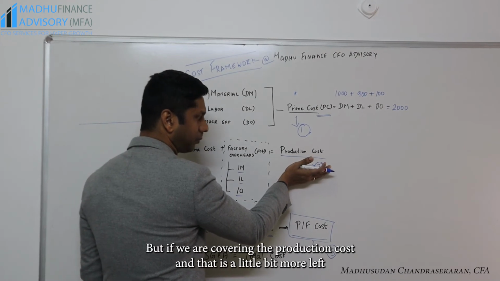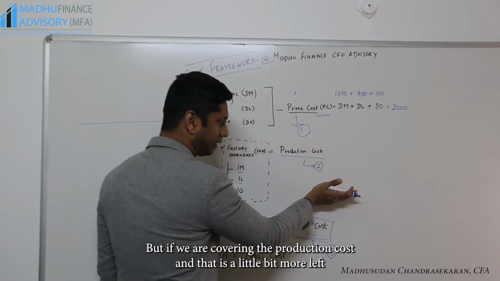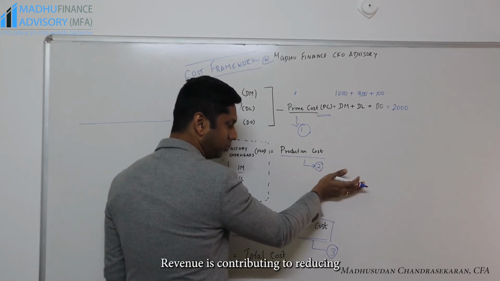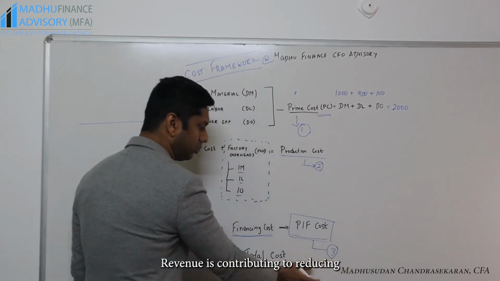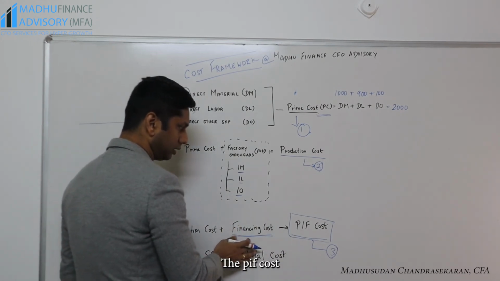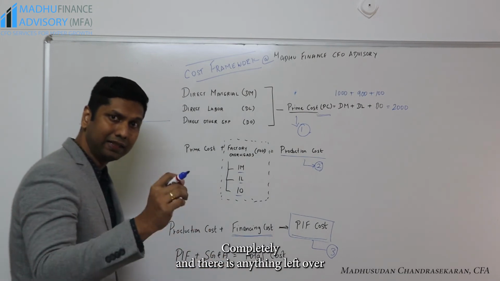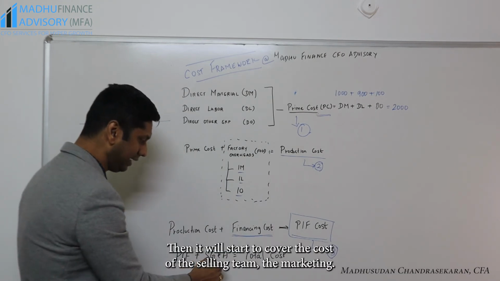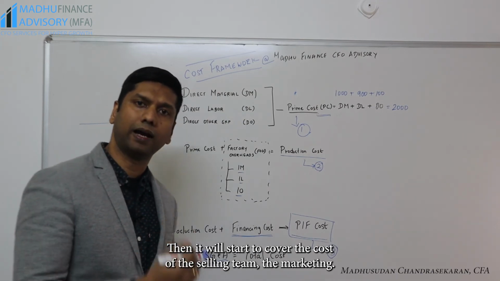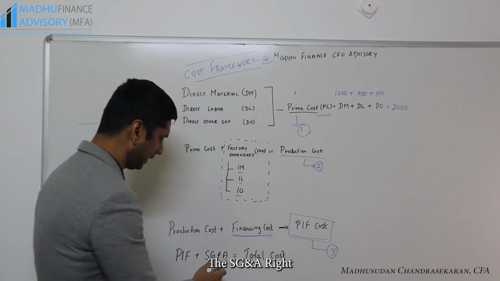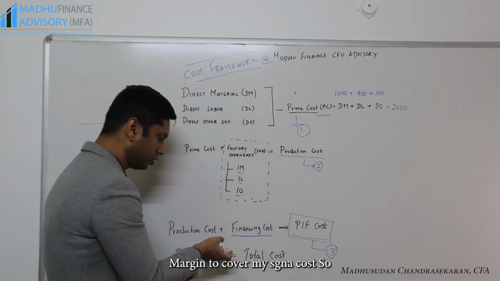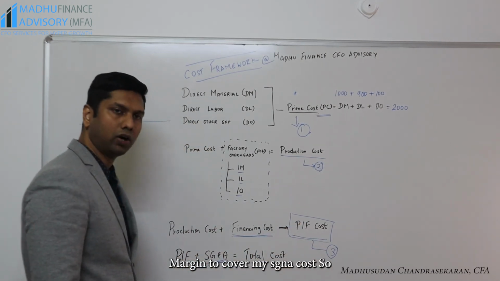But if we are covering the production cost and there is a little bit more left, that incremental or leftover revenue is contributing to reducing the financing cost. If I am able to cover the PIF cost completely and there is anything left over, then it will start to cover the cost of the selling team, the marketing team, the management team, the SG&A, right? So that is going to be the contribution margin to cover my SG&A cost.